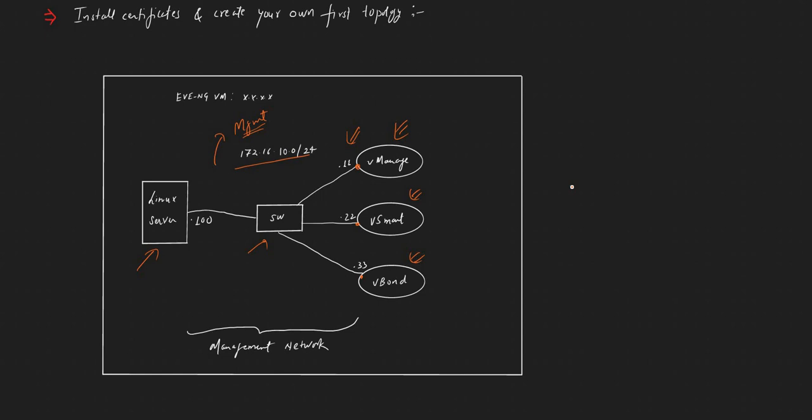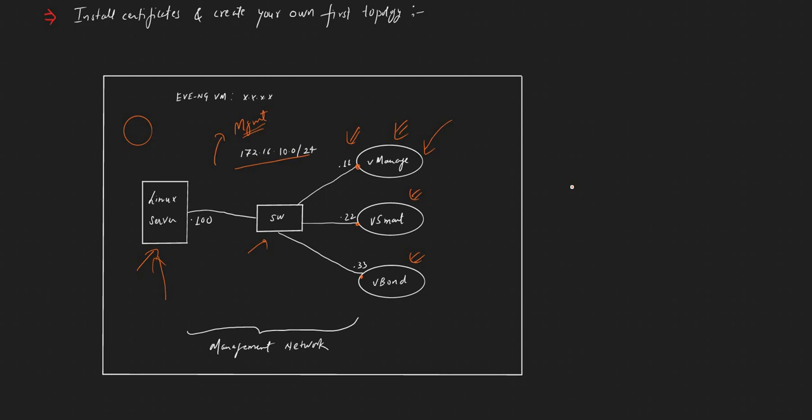And then you can create the vEdges, you can extend this topology, you can create multiple branches or whatnot. But how you are going to install your certificates into vManage, vSmart, and vBond, we are going to explain, and we are going to do everything over this Linux server. Or the second approach is that you can have vManage as your own certificate authority, and it will be signing the certificates for every other device like vEdge, vSmart, and vBond.